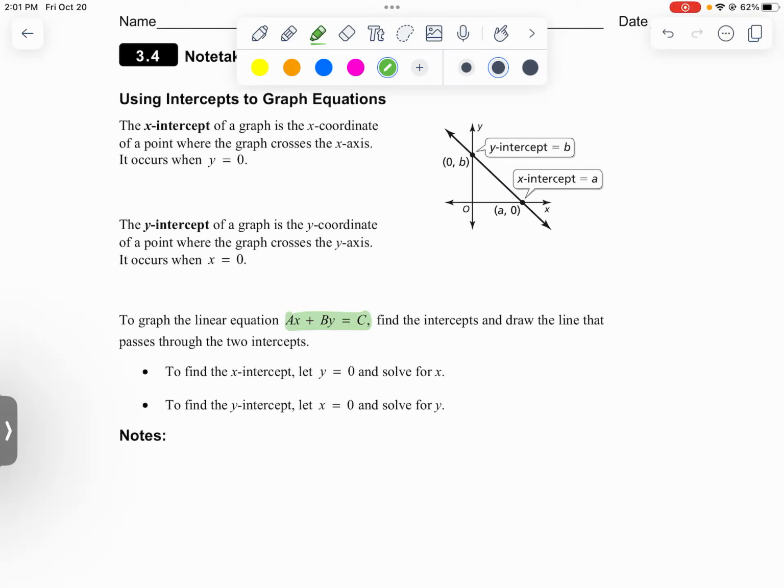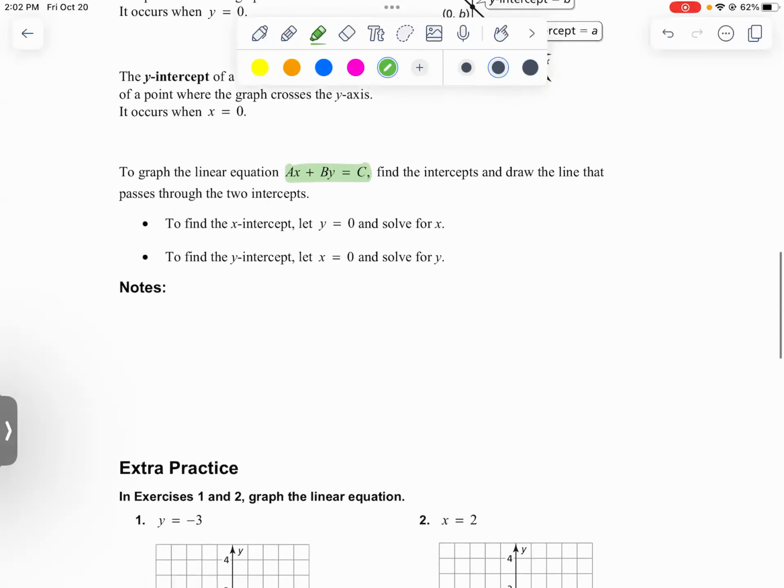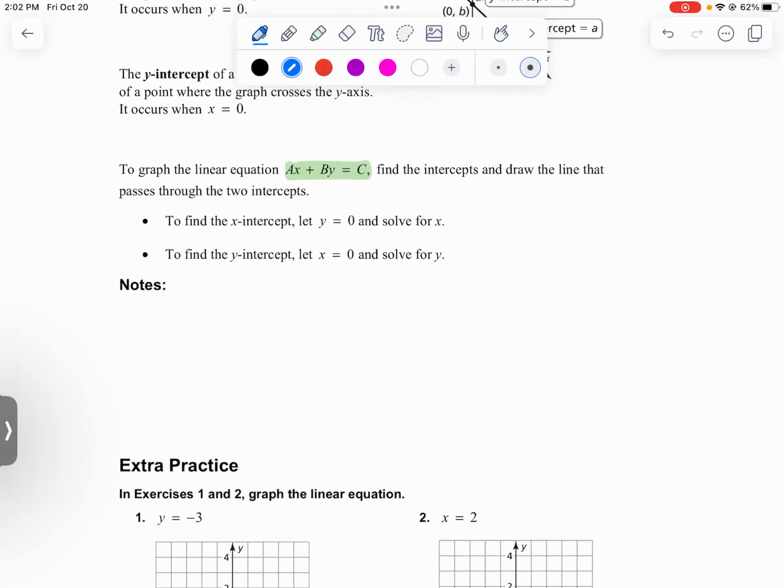We can plug 0 in for x to solve for the y-intercept. And then we can graph the line. Okay, so write this down with me. 4x minus 3y equals 12.